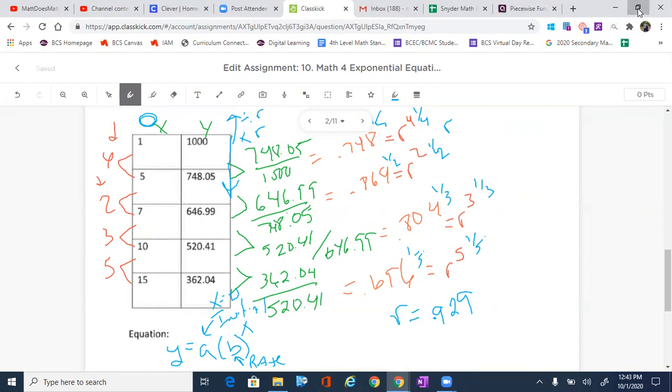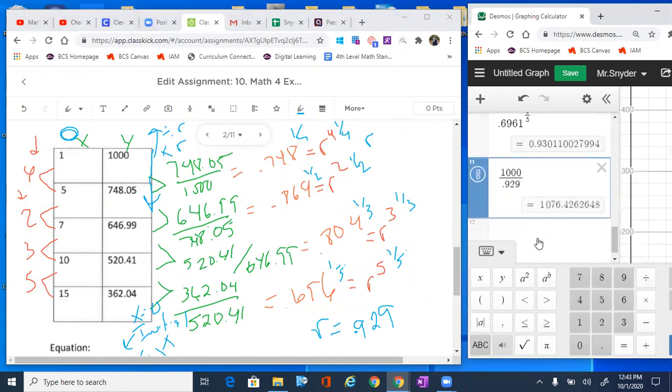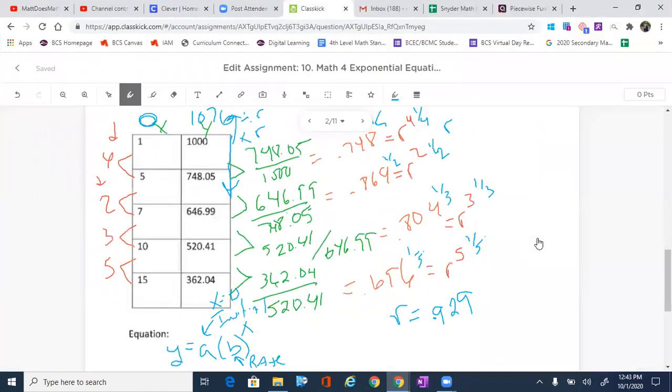So I'm going to take that 1,000 and divide it by our rate of 0.929, and that should give us 1,076. So now we have enough information to write our equation: y equals 1,076 times 0.929 to the x power.